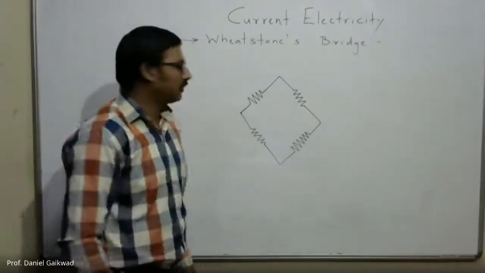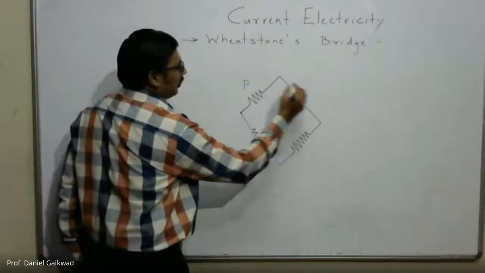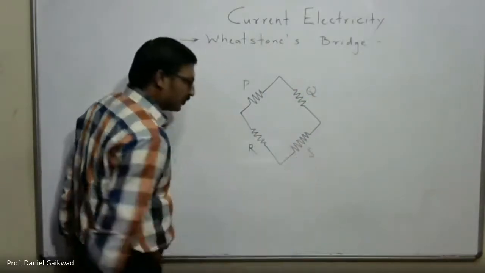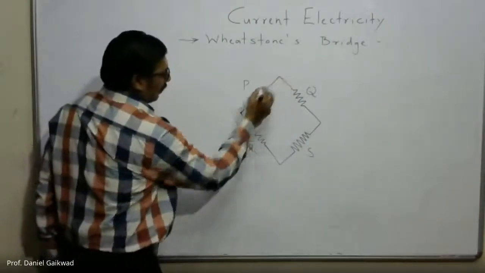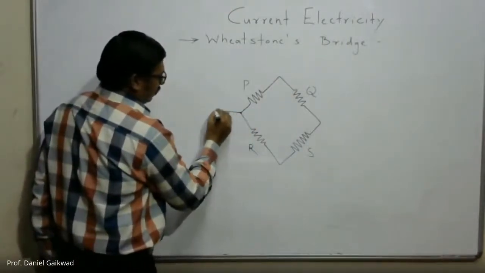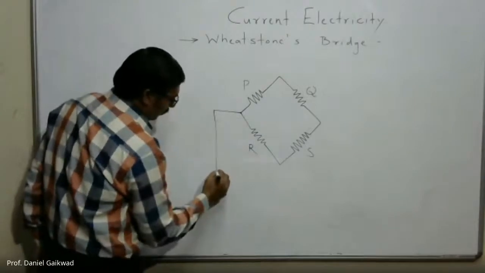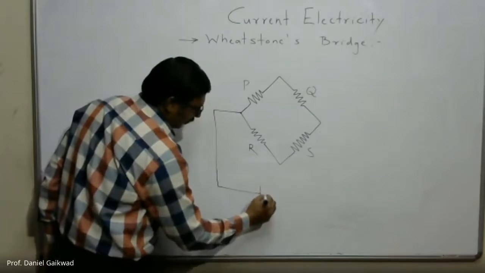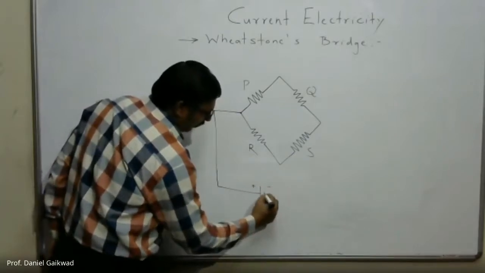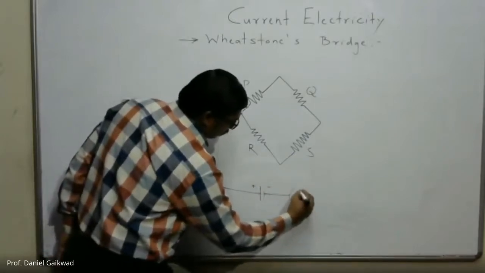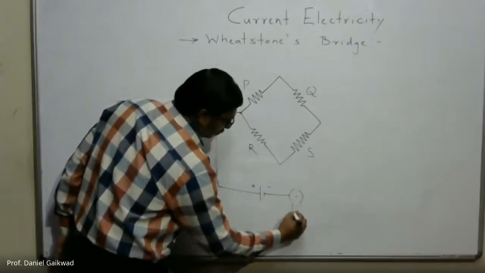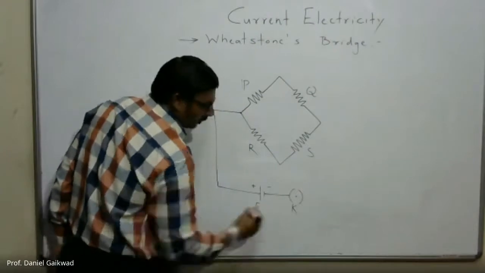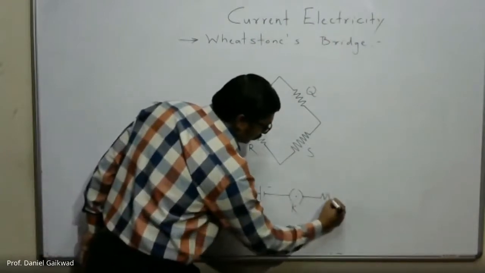So these are the four resistors. Suppose we name them P, Q, R and S. Now we connect the power supply or source of electricity, a cell having positive and negative terminals, the key K, a cell or battery having EMF E, and a rheostat.